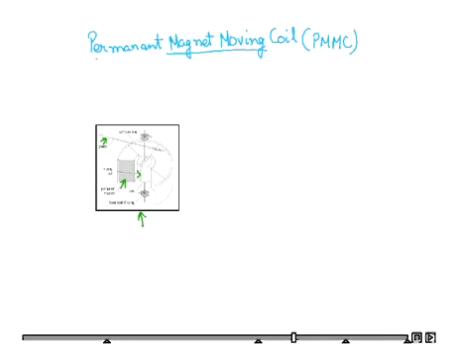Now this electromagnet totally depends on the amount of current. When you apply a current, it will create an electromagnet, and this electromagnet will move this pointer according to its magnitude.